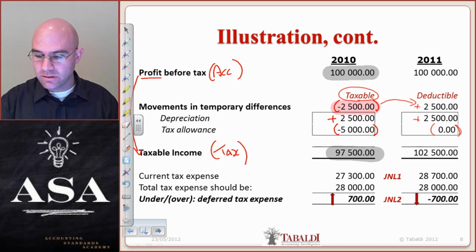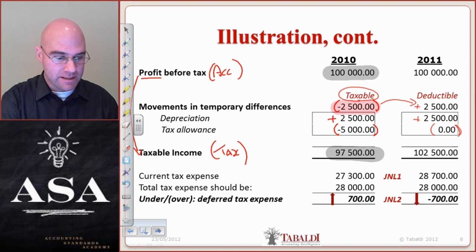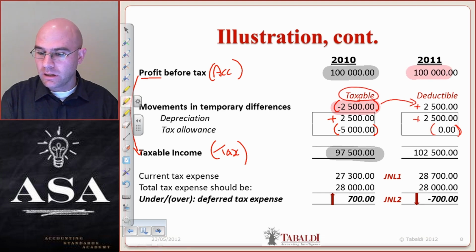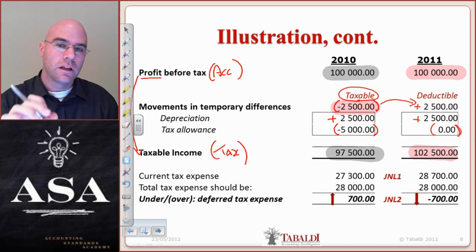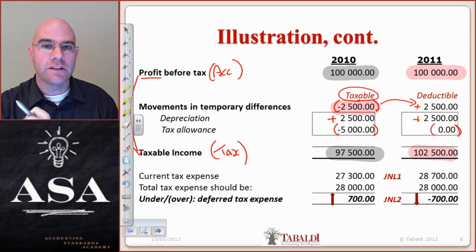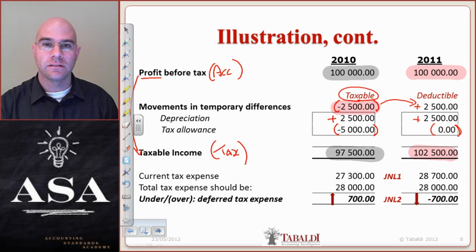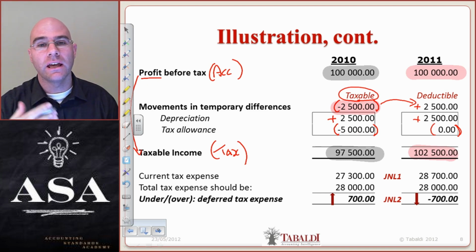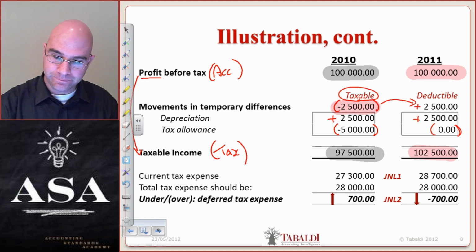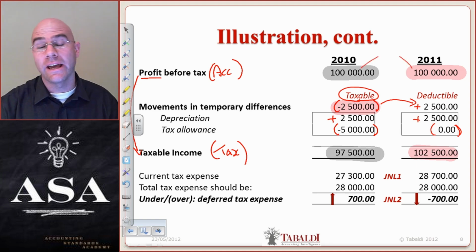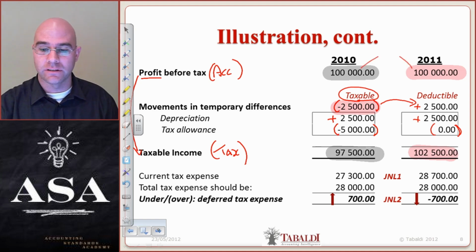Okay, and you'll see that that 2,500 increases my profit figure from 100,000 for accounting purposes to 102,500 for tax purposes. Now, in a perfect world, we need to go back and remember that I'm trying to match the accounting expense to the correct period in which the accounting income is earned. So in 2010, as well as 2011, I have profit before tax of 100,000.